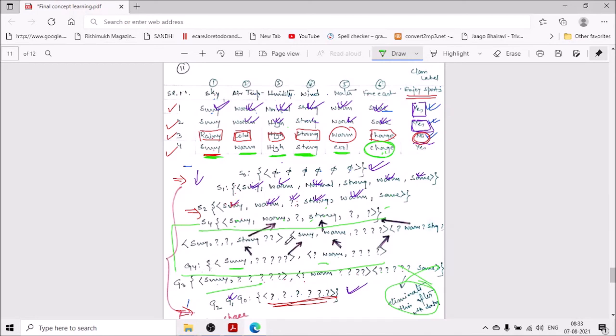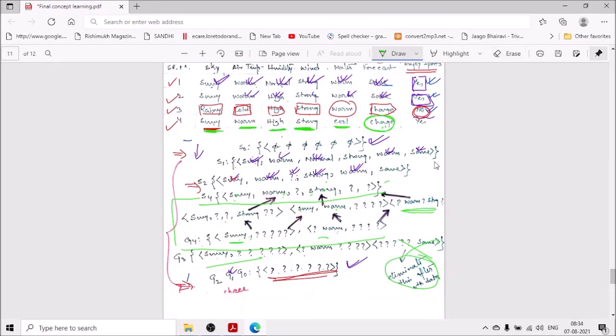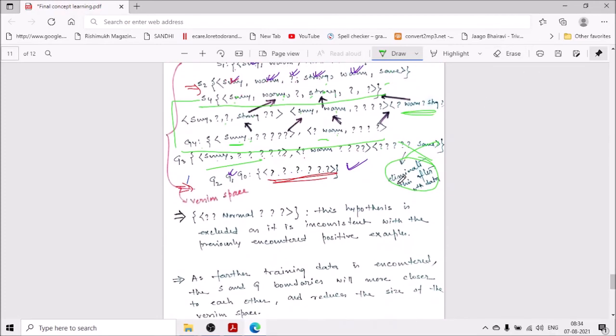So here we consider two attributes. So sunny, we have to identify the combination of that. So sunny with warm, sunny with strong, and warm with strong. That is this one. Okay, so we can see the Python implementation.